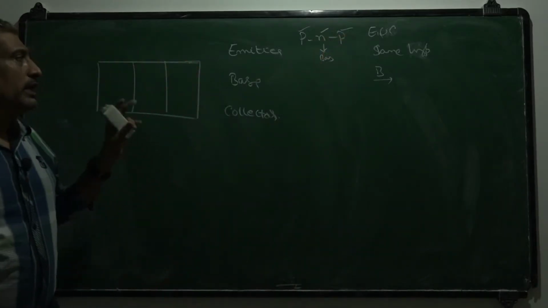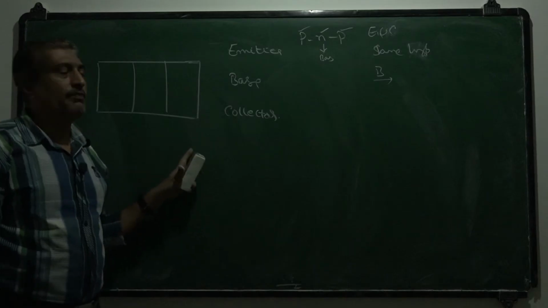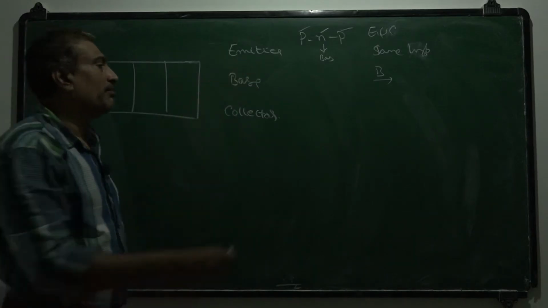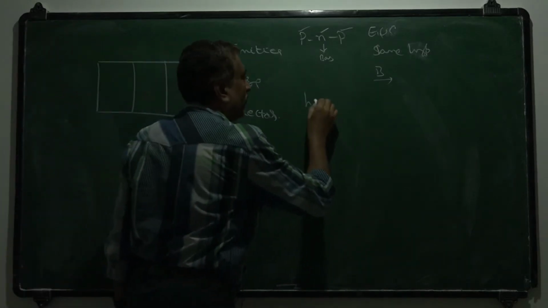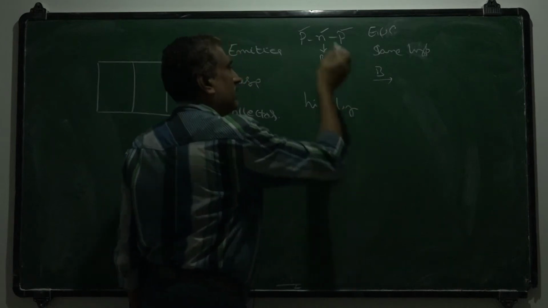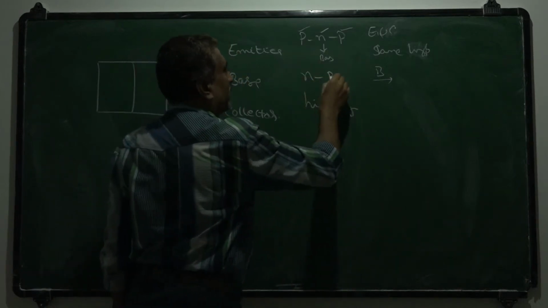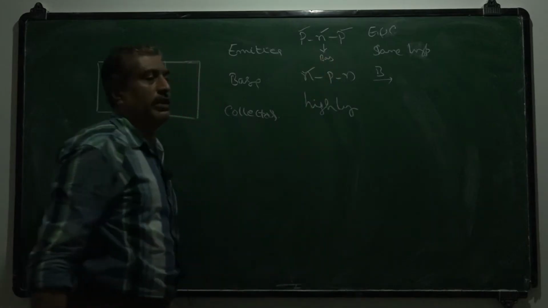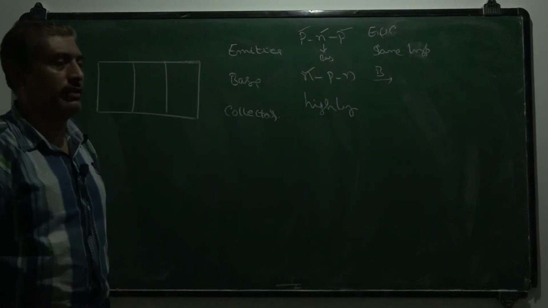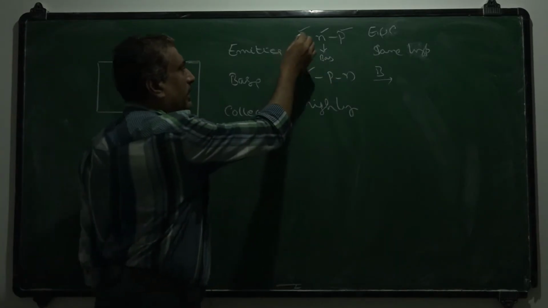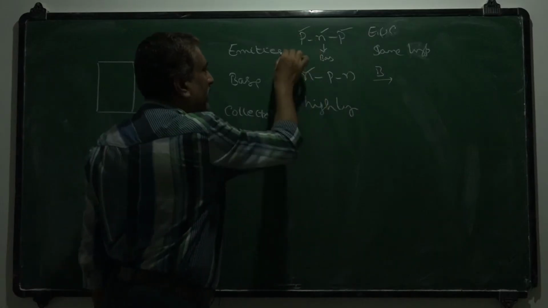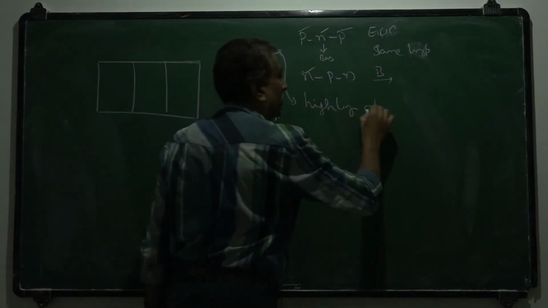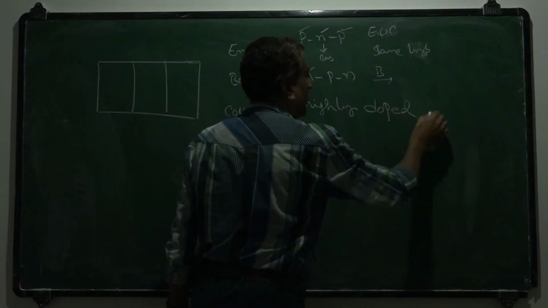Now in these transistors, the emitter is a highly doped material, whether it is P type or N type. Suppose we consider an NPN transistor, the N type material is the emitter. Whatever the material, the emitter's doping concentration is high.